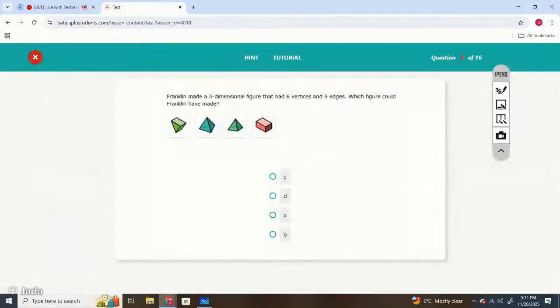Franklin made a three-dimensional figure that has 6 vertices and 9 edges. Which figure could Franklin have made? So 9 edges. One, two, three, four, 9 edges and 6 vertices.